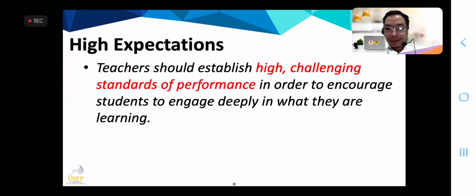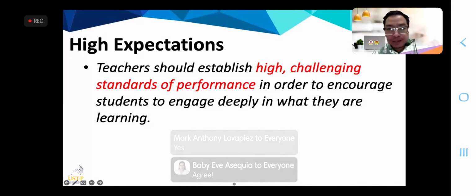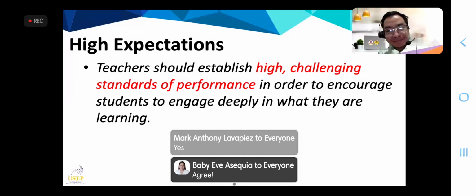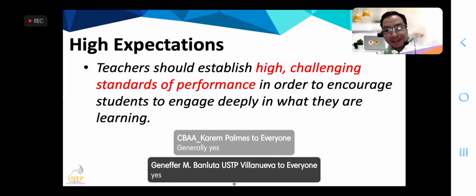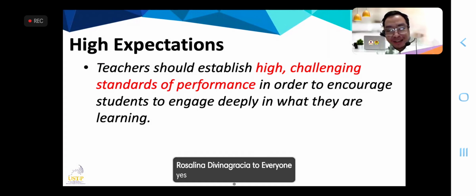Okay, I'm not getting any responses. I'm not sure if they can chat or not. Okay, the majority agree that when the standards are very high, students are less motivated to learn.